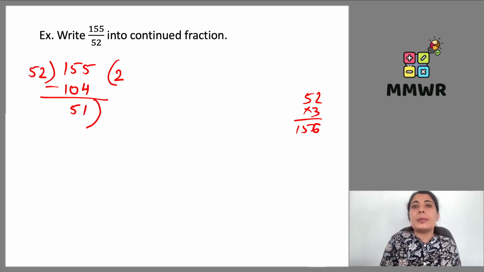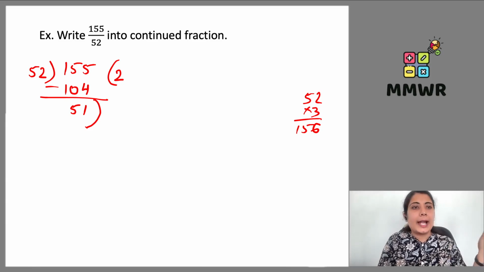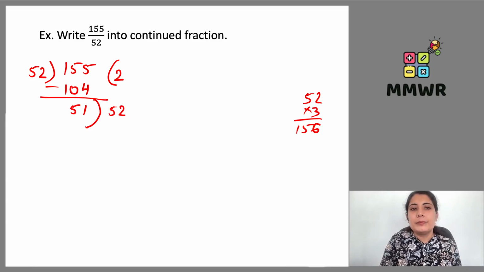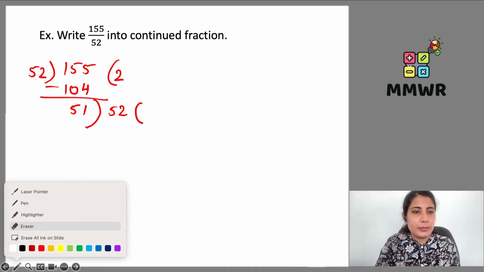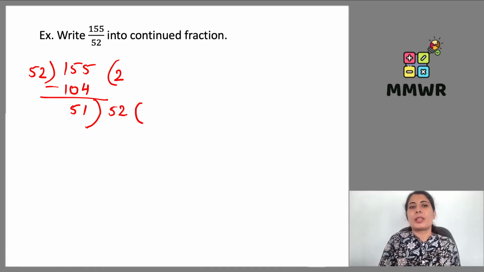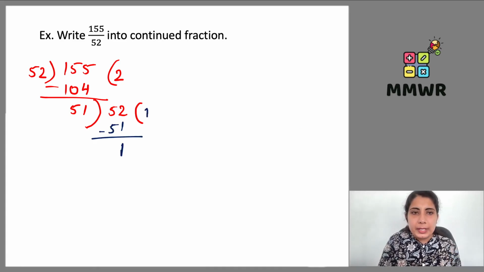Now this 51 will become the divisor and the previous divisor will become the dividend, right? Let's divide it further. Yeah, 51 ones are 51. Remainder is 1. Now by 1 we will be dividing 51.